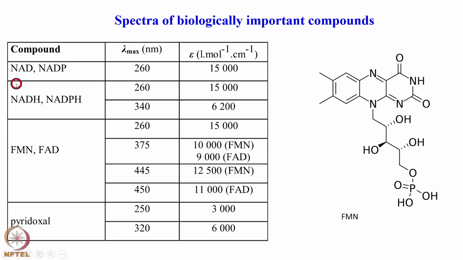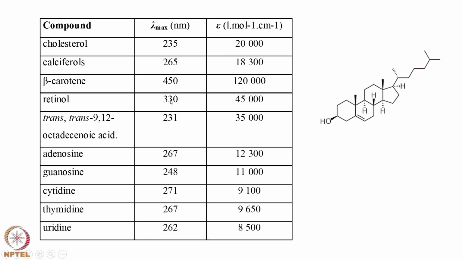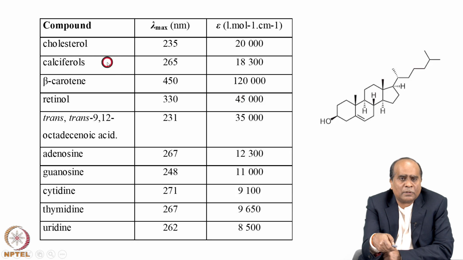So, these are the biologically active compounds that may bind to protein and give rise to fluorescence at a different color. Similarly, cholesterol is a nice compound, right. Cholesterol is found in the various membrane compositions. This is important for membrane fluidity and rigidity.